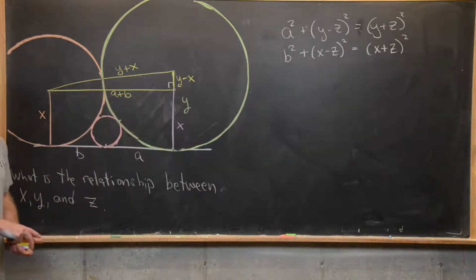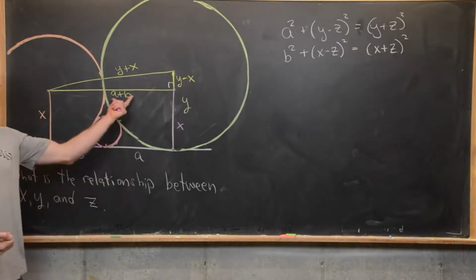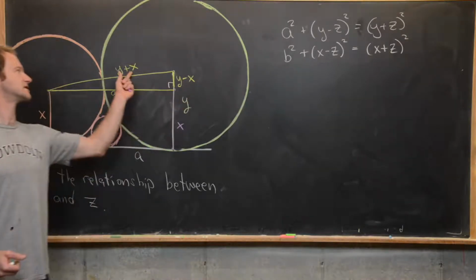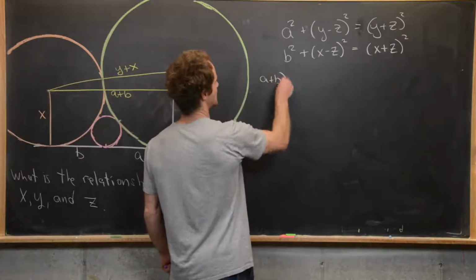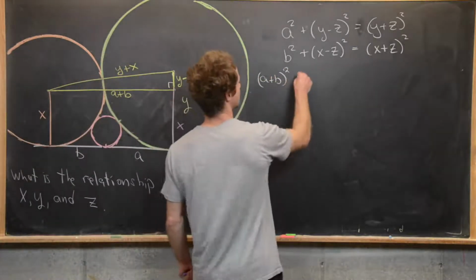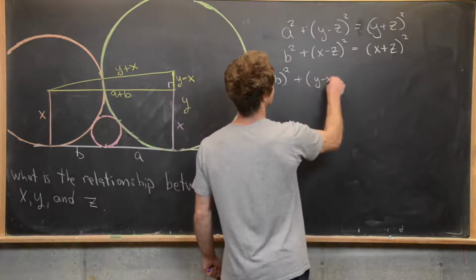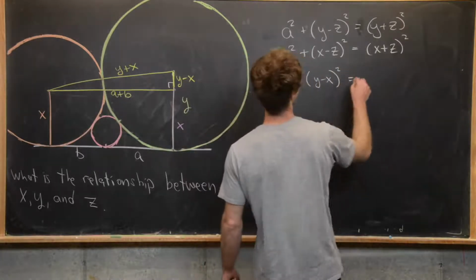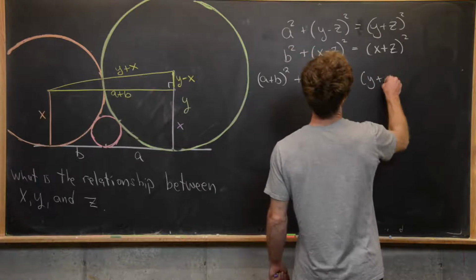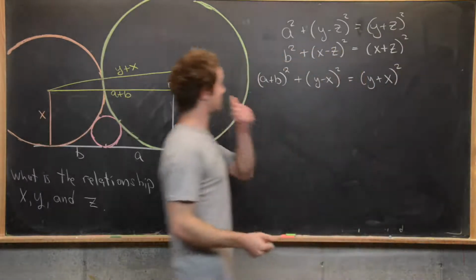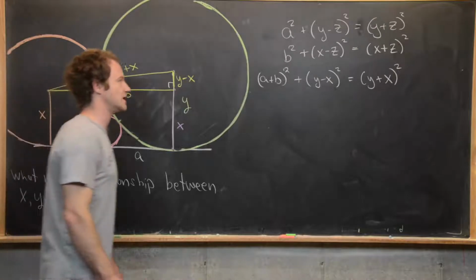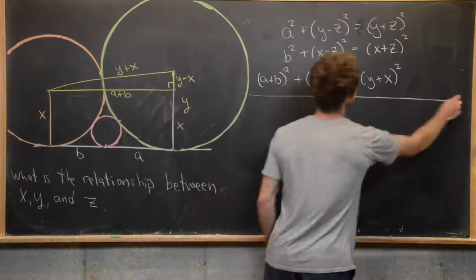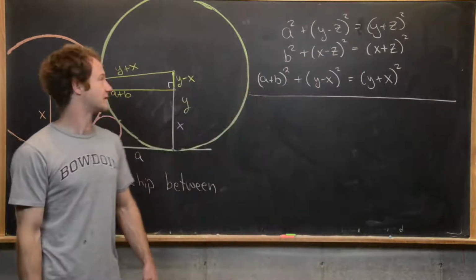But now we can apply the Pythagorean theorem to this. So this guy squared plus this guy squared is going to be equal to that guy squared. So we'll get (a plus b) squared plus (y minus x) squared equals (y plus x) squared. Great. So now the next thing that I want to do is multiply out these equations and do some sort of simplification.